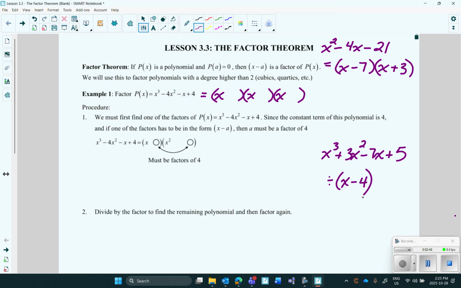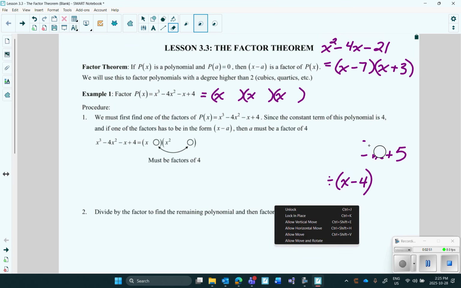So that's how I actually started, is using the remainder and factor theorems.